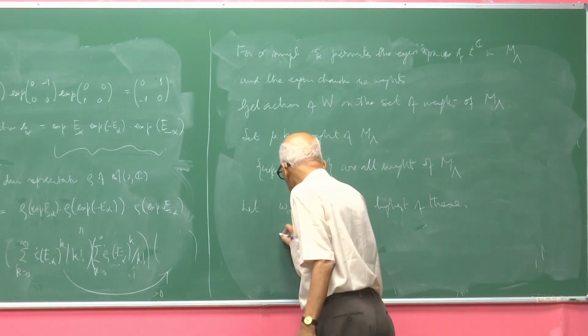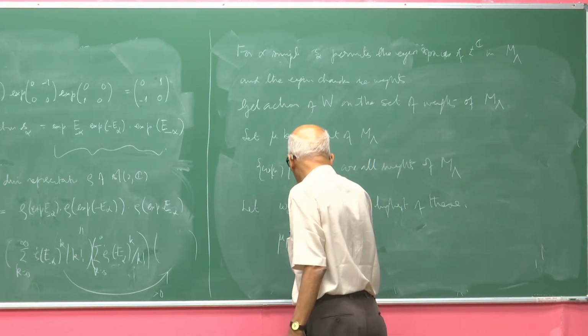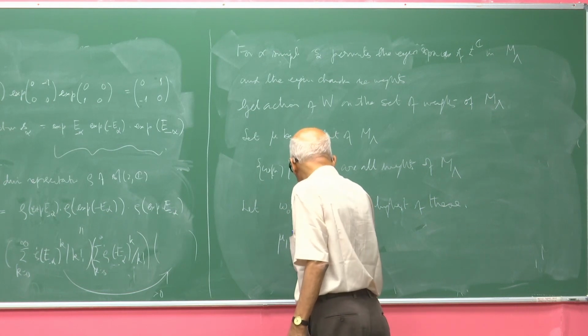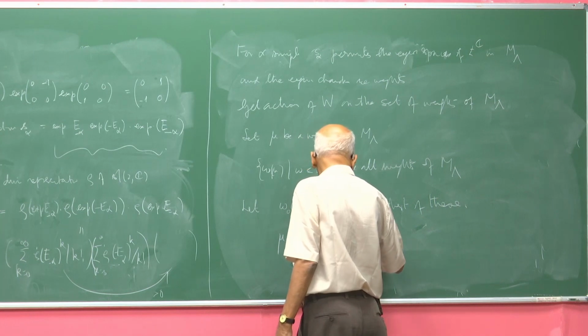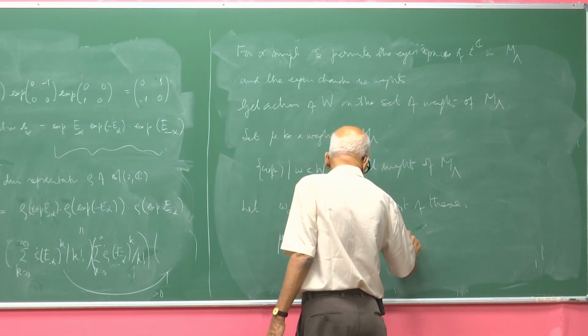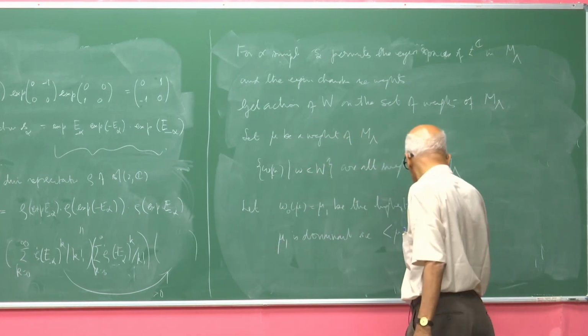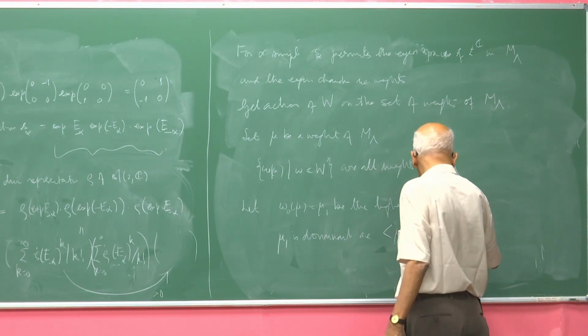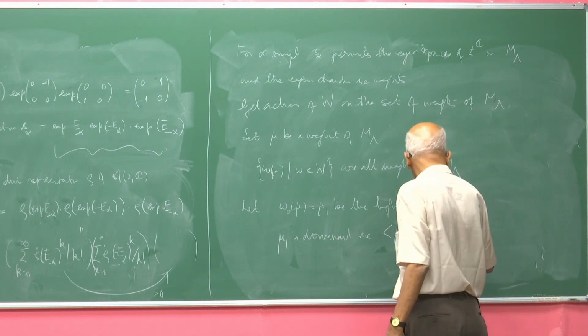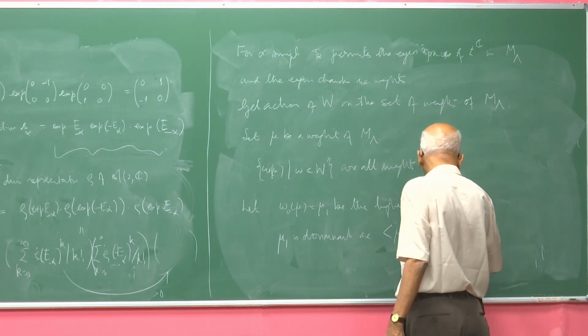Then first of all I want to say that mu 1 is dominant, that is mu 1 of H alpha is greater than or equal to 0 for every alpha.